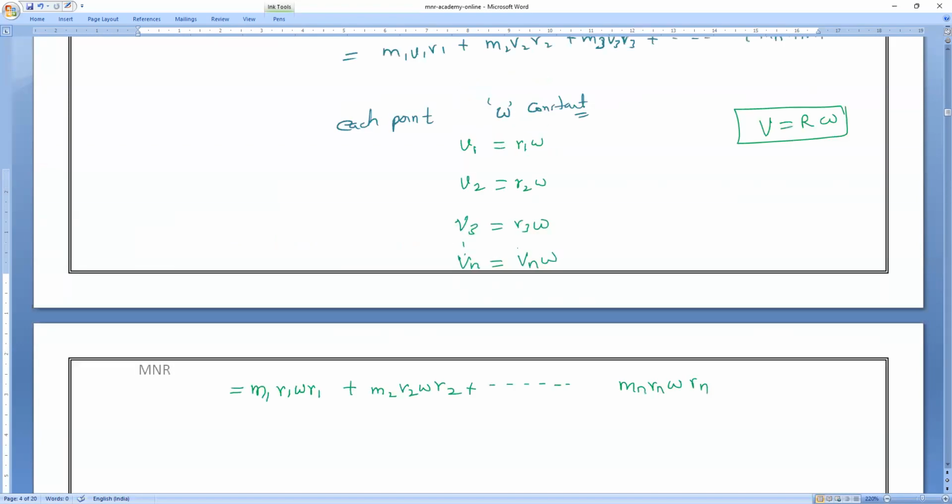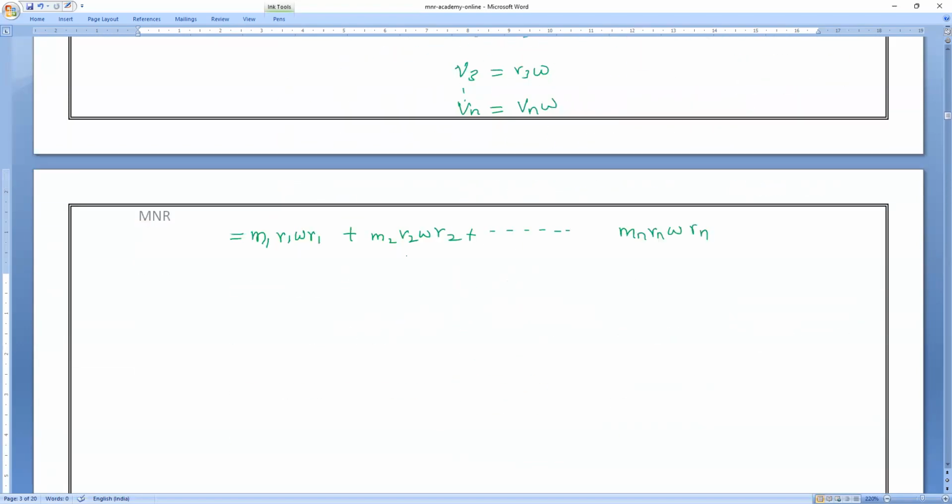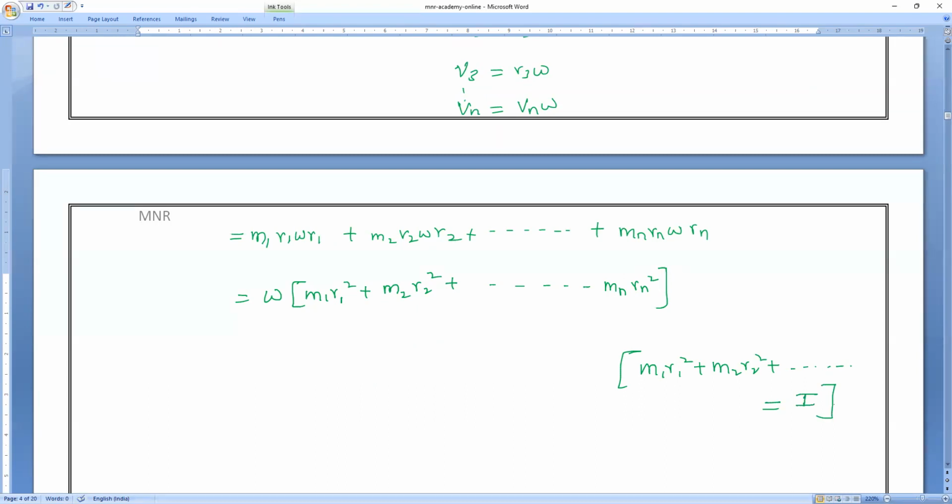Are you clear, everybody? Any doubt in this? You can ask. Now omega is common, so I will take omega outside. What remains is M1 R1 square plus M2 R2 square plus, and so on, up to Mn Rn square. We all know that M1 R1 square plus M2 R2 square and so on is the moment of inertia.